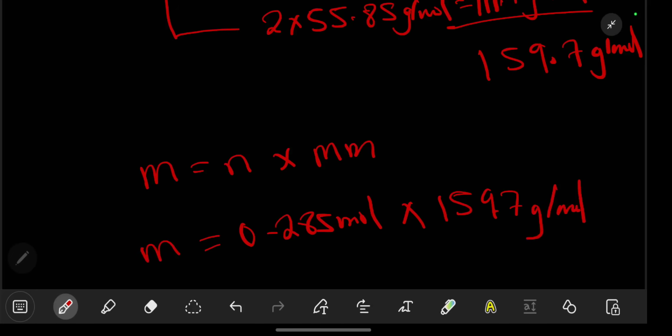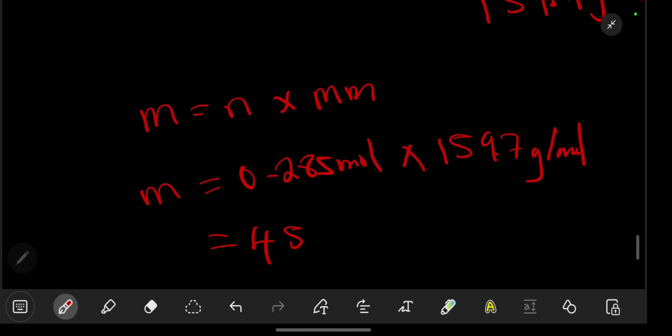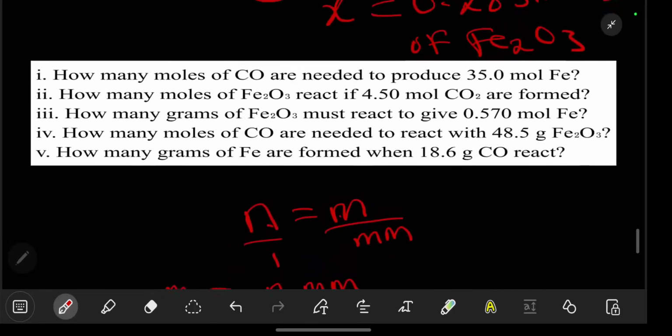So the mass will be equal to 0.285 times 159.7, which gives us a value of 45.5145 grams. So this is our mass for that problem. From there, let's look at our next problem.